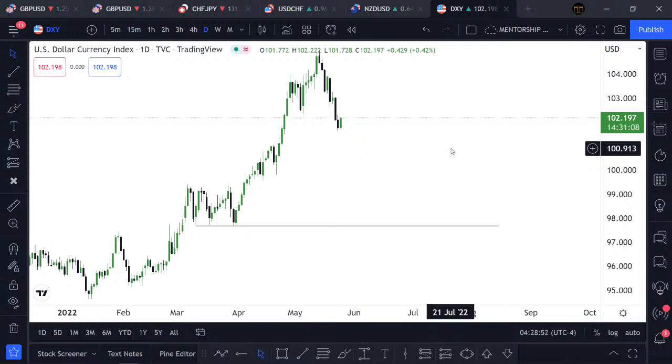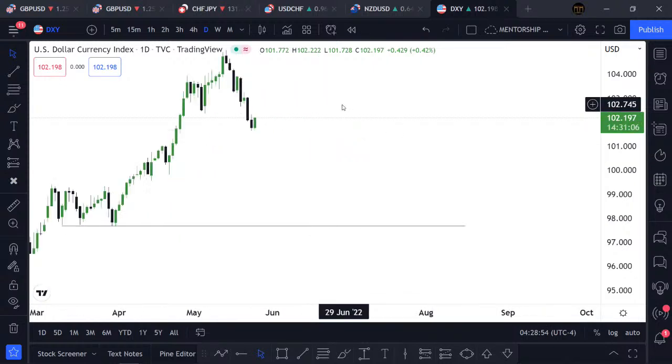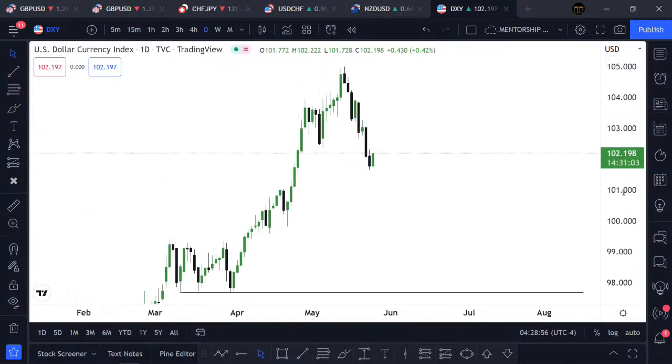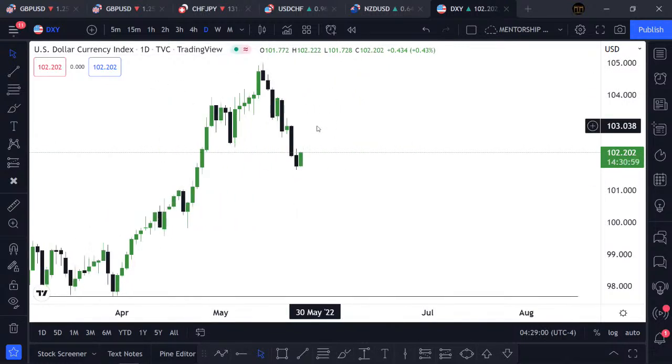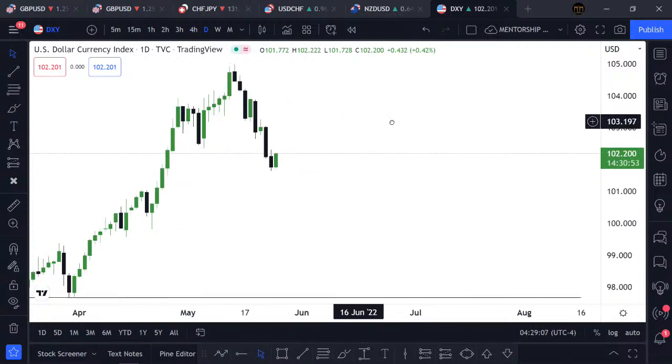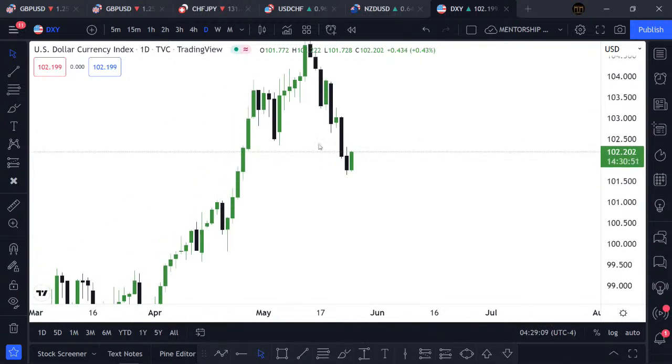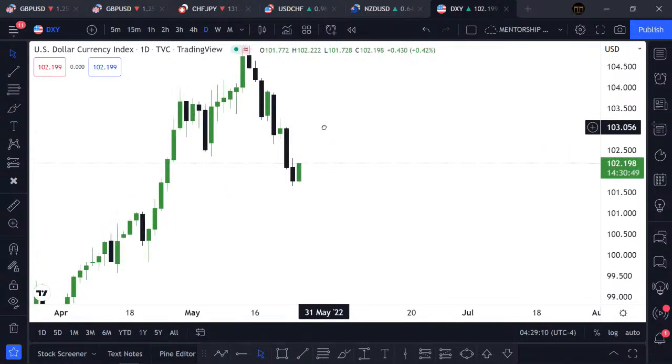You're going to look for opportunities to sell on the major currency pairs where the dollar is the base. First, do your analysis on the dollar index. Look for things like imbalances, like this imbalance here.